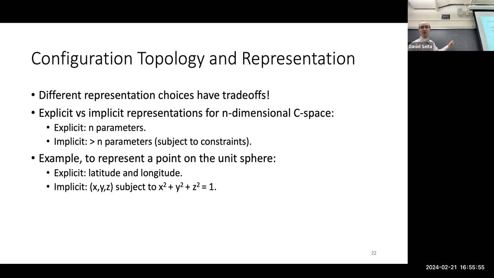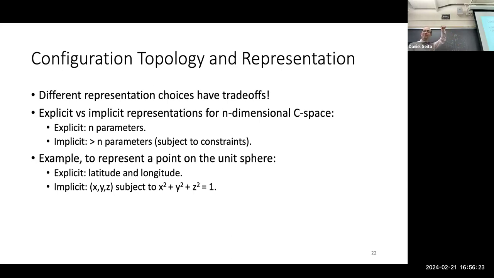Then longitude looks like this, it continues like this. So what happens if the robot is at the very top here? What's the latitude and longitude?